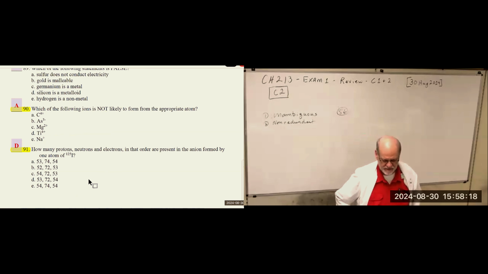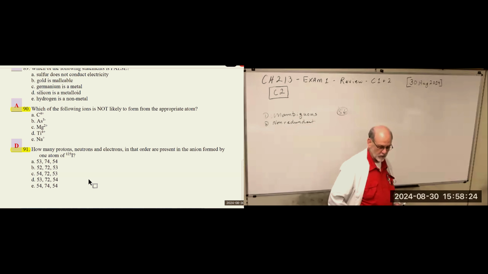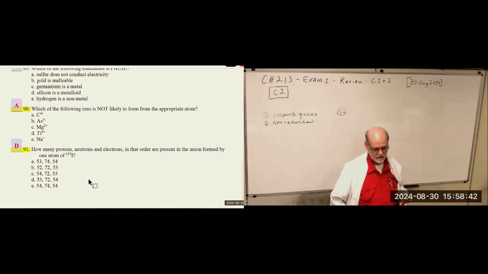Which of the following ions is not likely to form from their appropriate atom? Well, let's see. Sodium is +1. Yep, it's an alkali metal. Titanium is 4+. It's a metal, so it's probably going to be a plus charge, but you can look at your periodic table and see that +4 is one of those possibilities. Magnesium is always 2+.